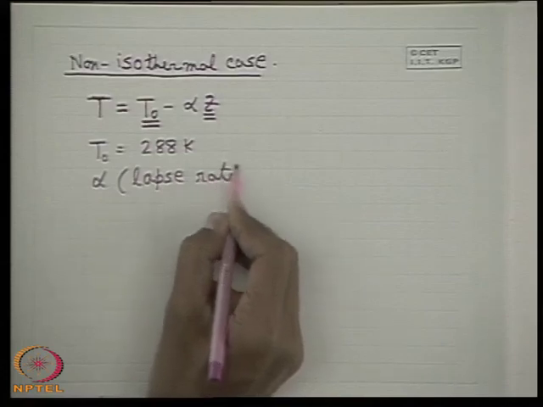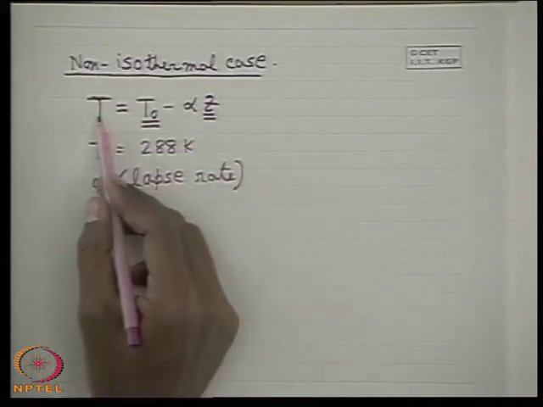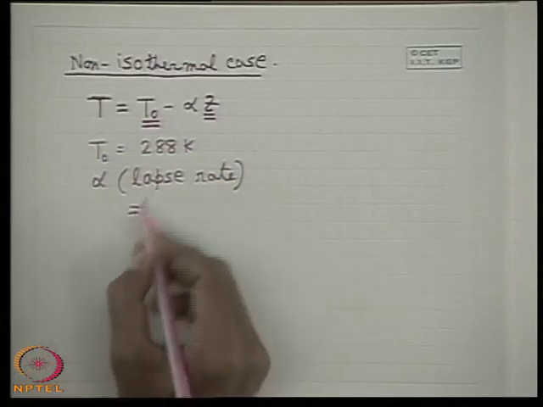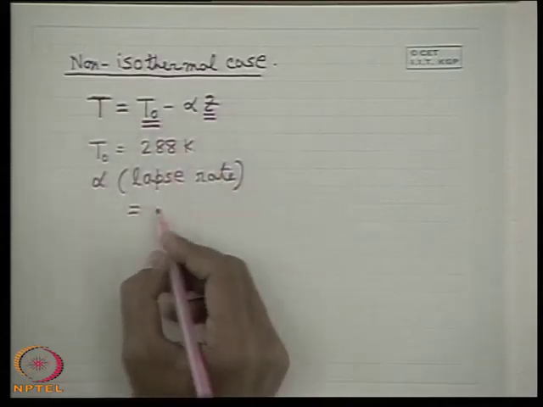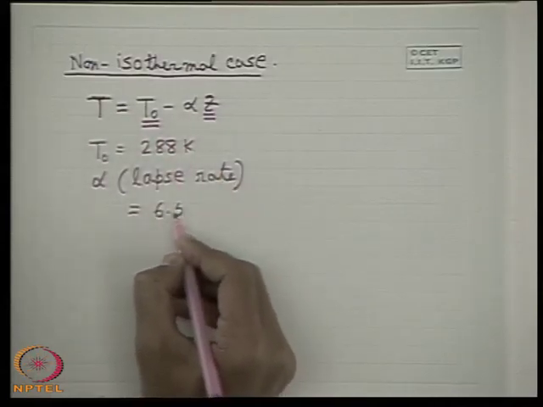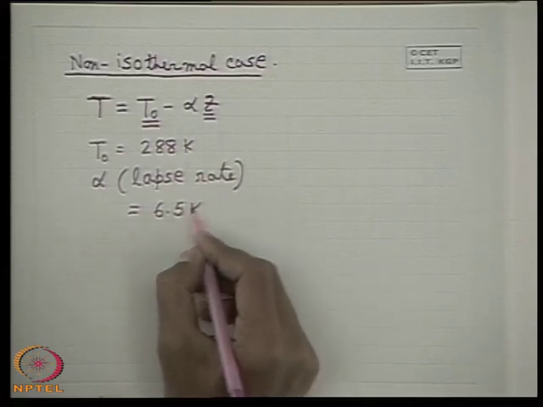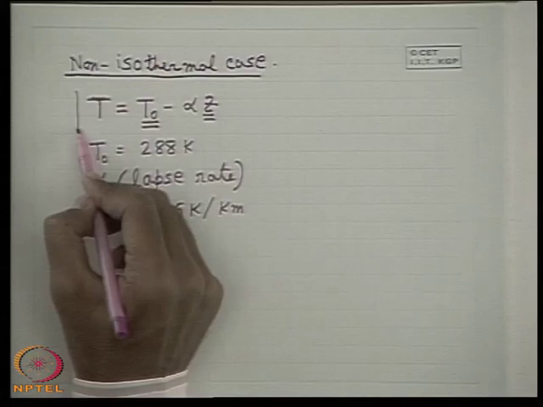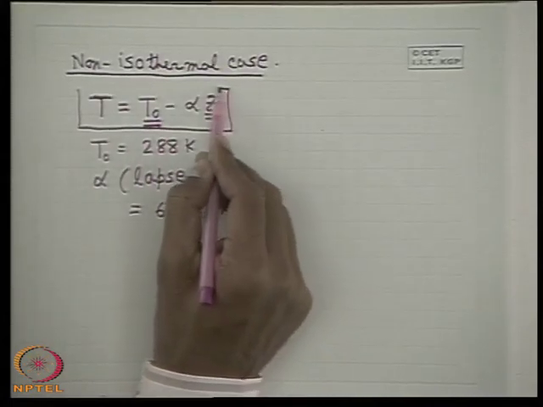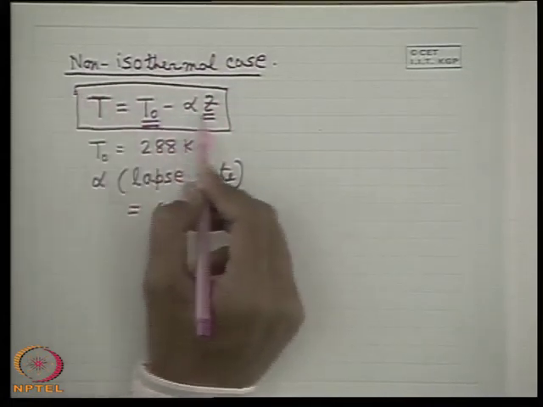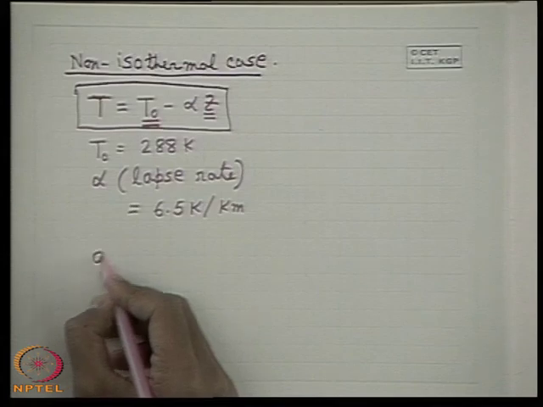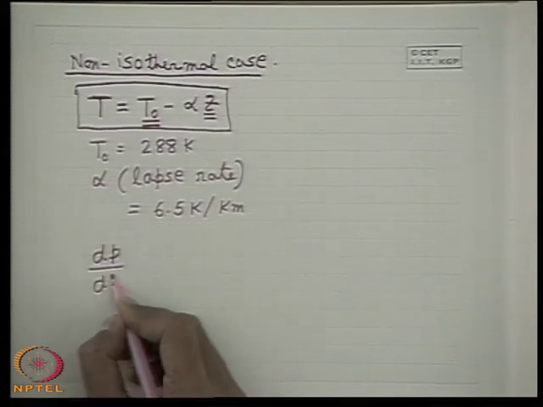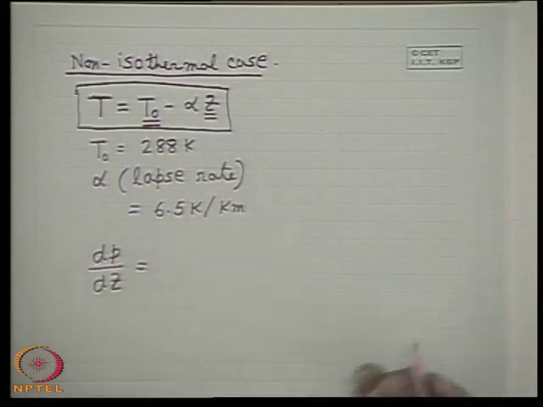Up to the altitude at which this linear decrease in temperature takes place, the lapse rate is constant in this equation and equal to 6.5 Kelvin per kilometer. So if we define the temperature decrease with altitude this way, then the rest, finding the explicit relationship of pressure with altitude, becomes simple mathematics.